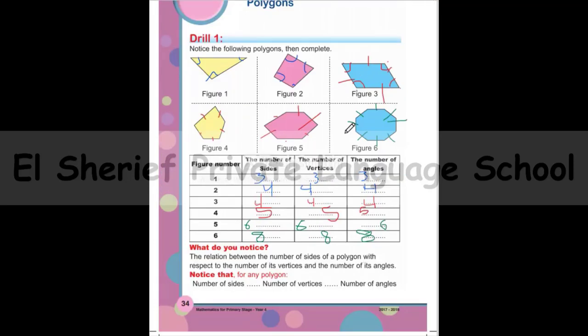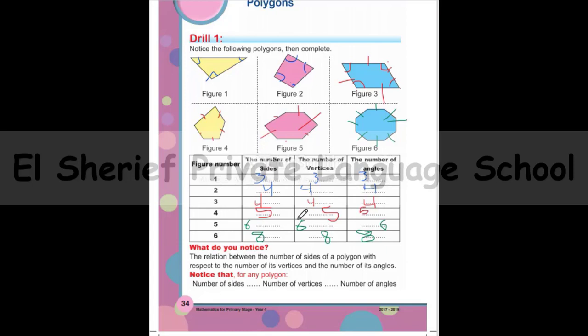Now you can call the figure that has 6 sides, 6 vertices, 6 angles, like figure 5, a hexagon. So the figure that has 6 sides, 6 vertices, 6 angles is called a hexagon.